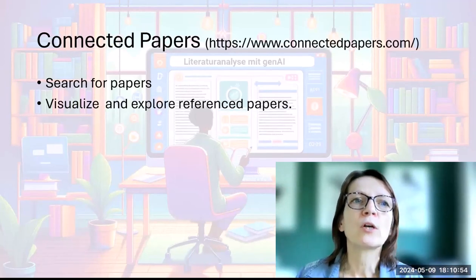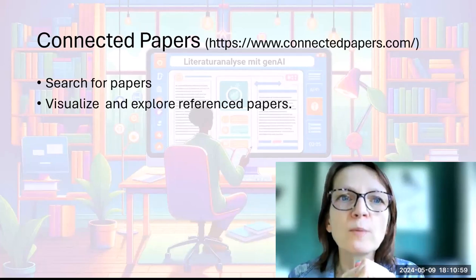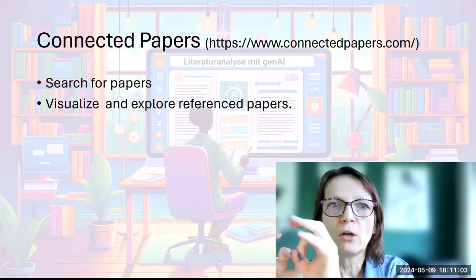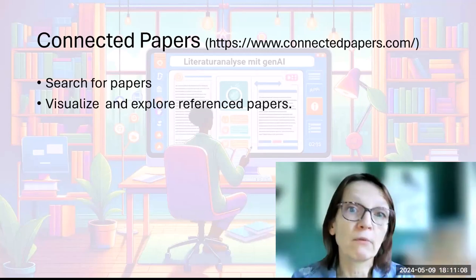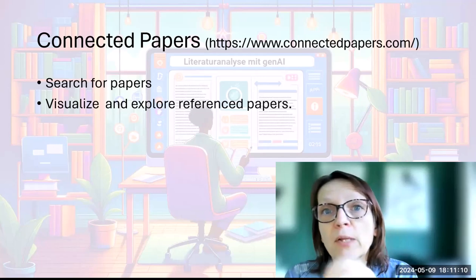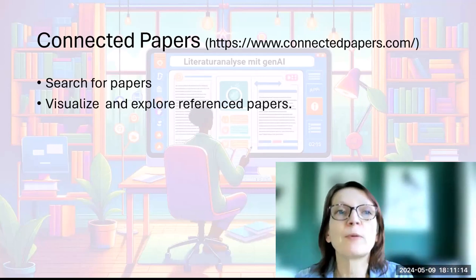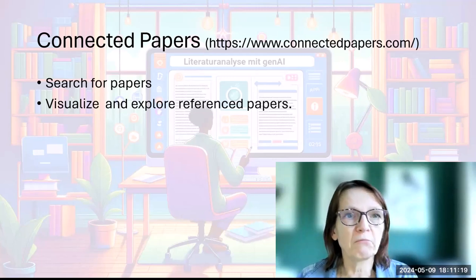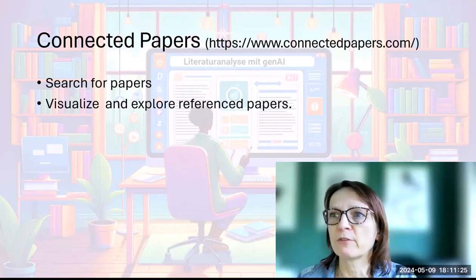Here you actually look at what other people are cited in a particular document, and you get a nice little network, and then you can look into all the other articles that are cited and have access to them, and if they're relevant, also download them and add them to your collection of papers that you look at. So you see, that's why I have chosen this variety of tools, so you get a little bit of a bandwidth.